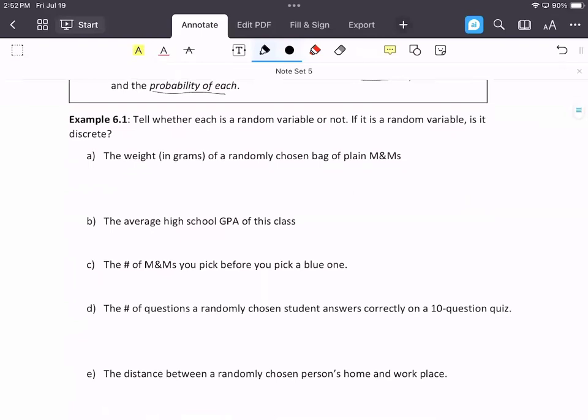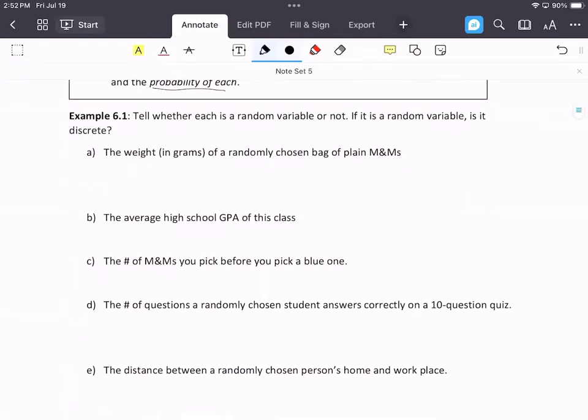Example 6.1, tell whether each is a random variable or not. If it's a random variable, is it discrete? Here we're going to say if it's not discrete, then it is called continuous. A continuous random variable can take on any numerical value.